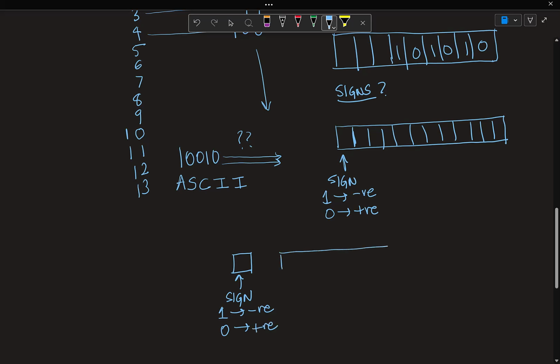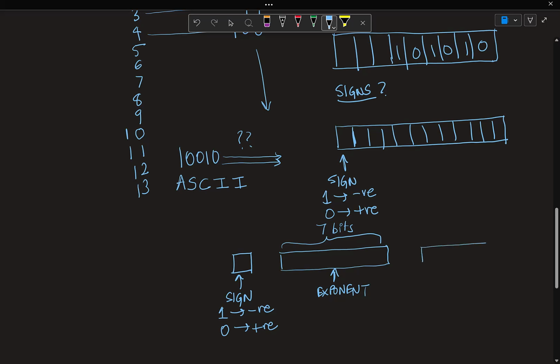Then we will reserve 7 bits for the exponent. And so we would be using something similar to the scientific notation where you have the mantissa times 10 to the power the exponent, and that exponent would be stored here.